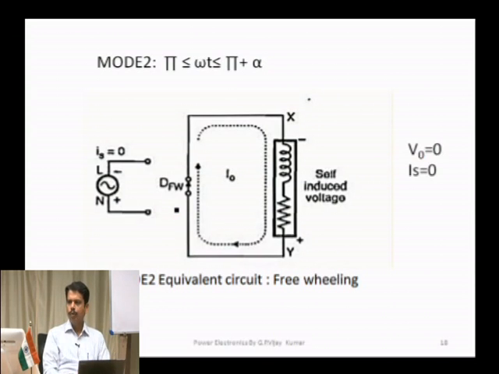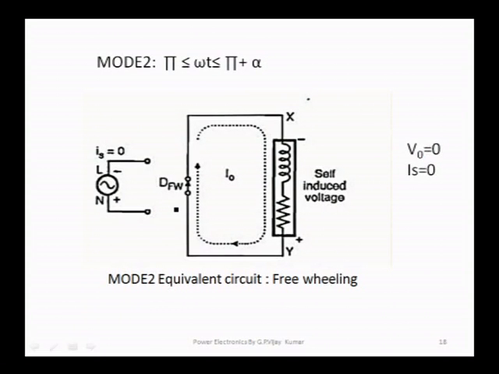Now, take up mode 2. The firing angle range in the previous case was alpha to pi, now it is pi to pi plus alpha. This is another important mode. During pi to pi plus alpha, your T1 and D1 are turned off because they are reverse biased.